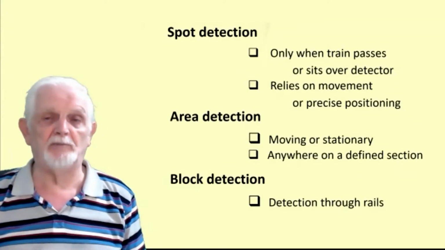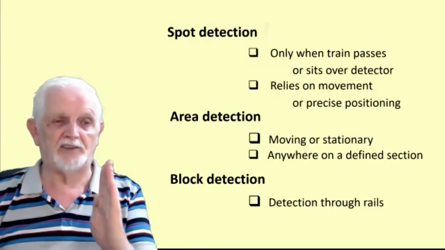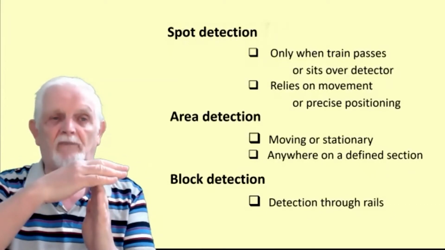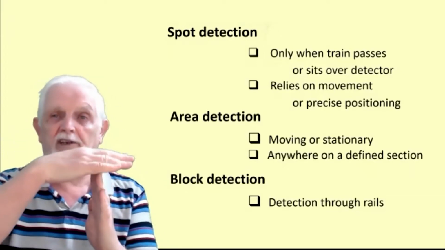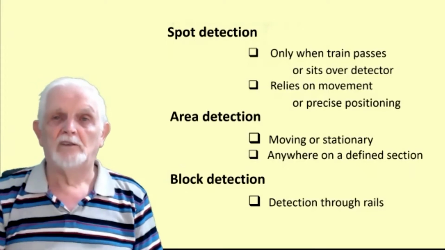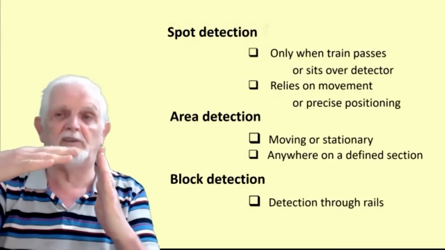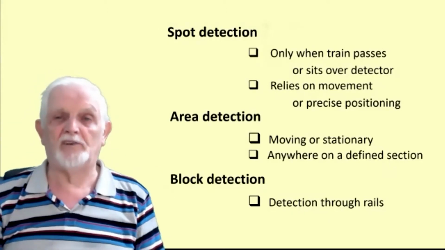Spot detection just means you have one particular spot in the layout and it's triggered when a train comes past it, either moves past it or sits stationary over it. So if you stop your train short of it, nothing's going to happen. You have to precisely have it over the detector, or it relies on movement.